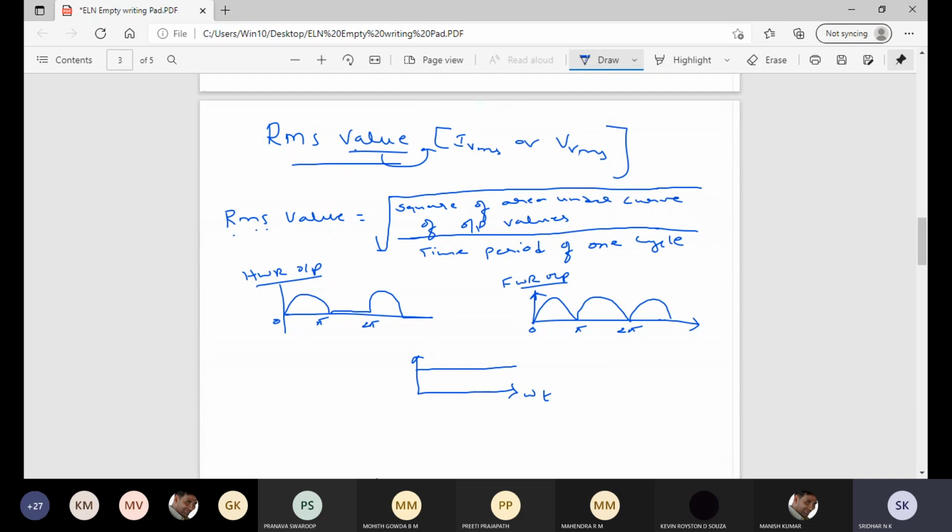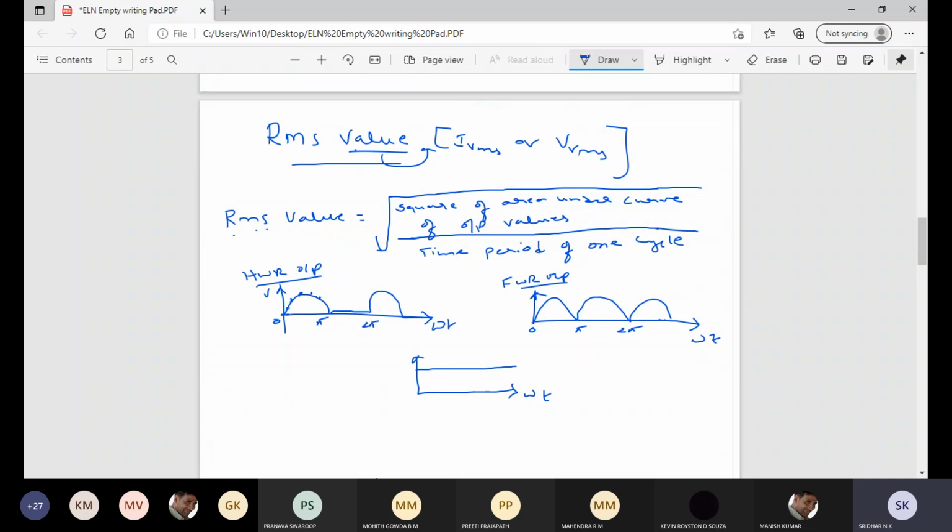If you observe this output waveform, the values are not constant. For example, if it is voltage, you start with 0, and you have some voltage here, and a different voltage here, and a different voltage here. Means the voltage is not constant with time, in both half wave and full wave rectifier. Because of this, we square these values, voltage or current, and take the mean of that.